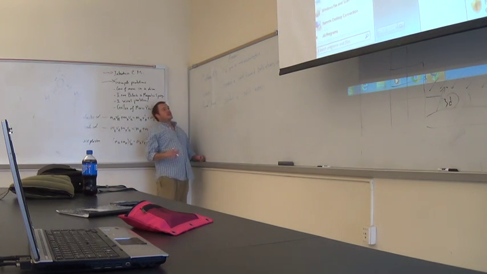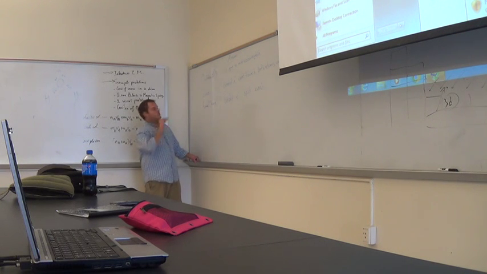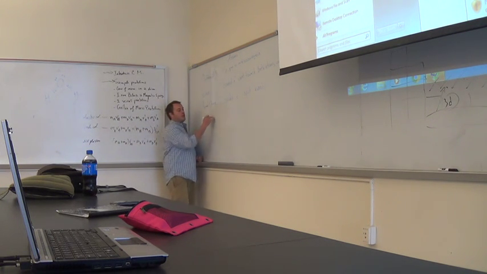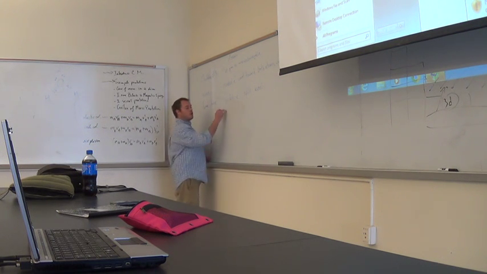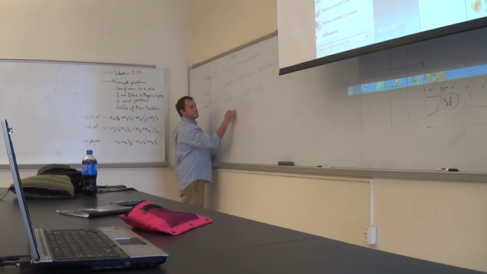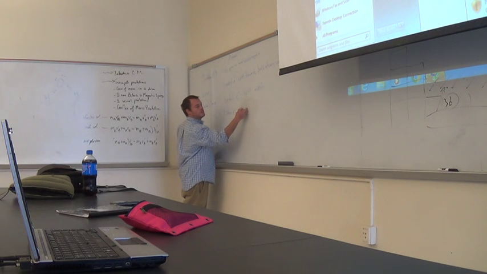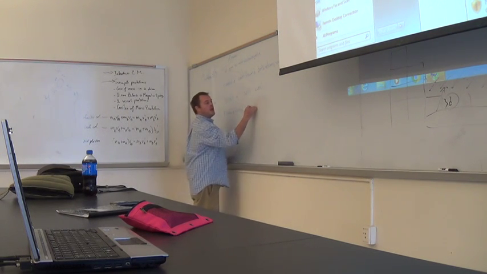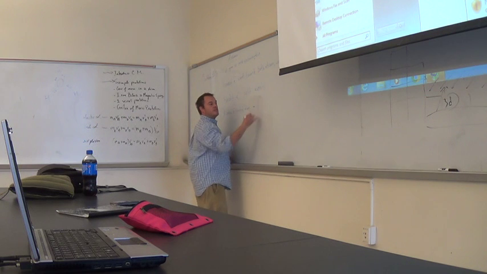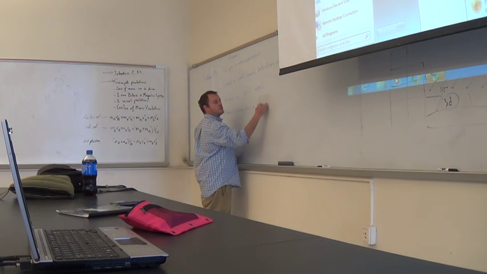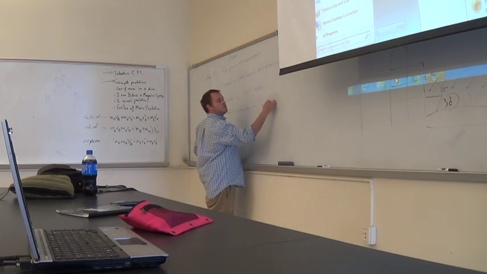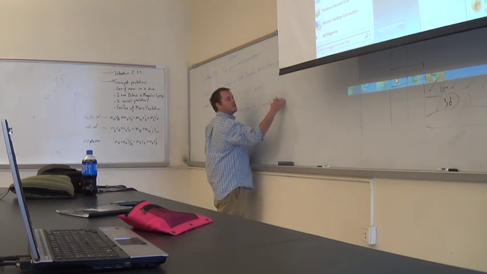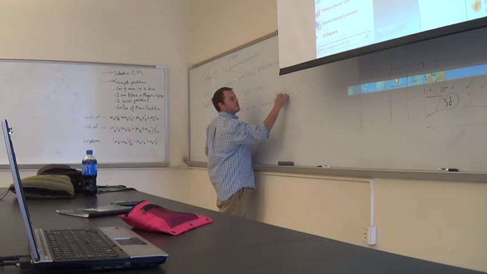Might be nice to stick the equation for formal charges up here real quick. The formal charge is equal to the number of valence electrons in the neutral atom minus the sum of the lone pairs plus 1/2 of the bonding electrons.